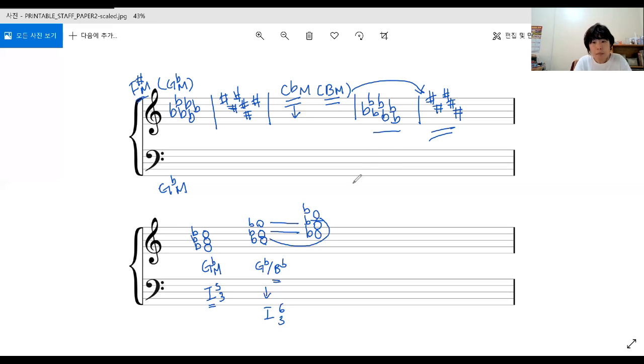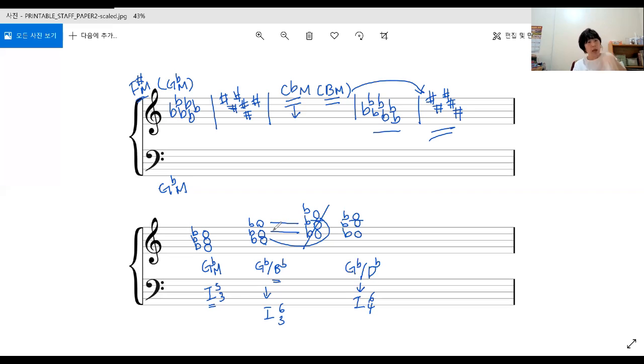Just make sure that D, and then G, B flat. Forget about that, I drew it wrong. Like that. So G flat, and then who is the bass? D flat. And then this one is 1, 4, 6.